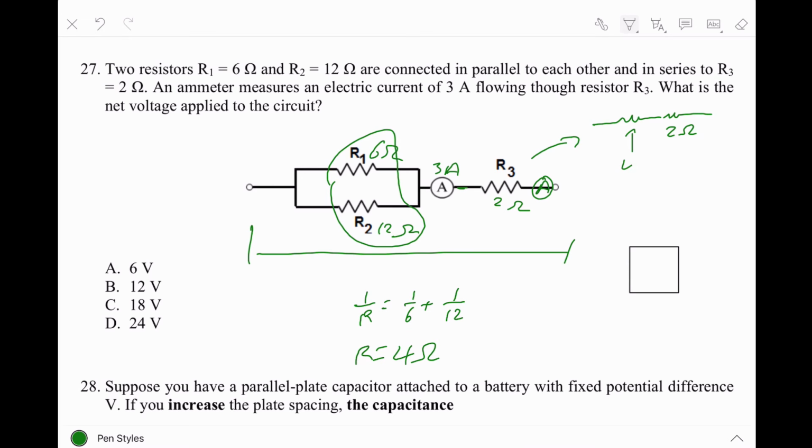So this is your 4 ohm. So your total equivalent is 6 ohm. And you know the current here is 3 amp. All right? So therefore the voltage is IR, 3 times 6 is 18 volts. So the answer is C.